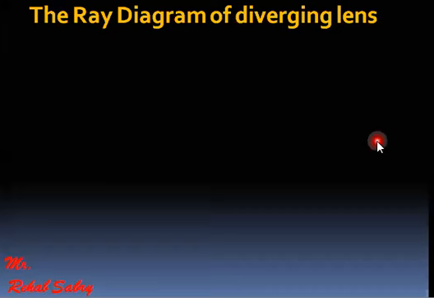In this part, we will explain the ray diagram of diverging lens. And here in diverging lens, we said ray diagram.